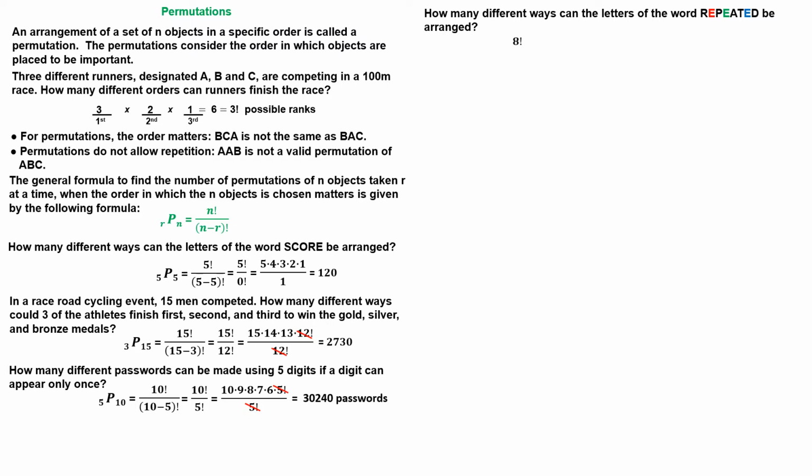However, the three letters E are indistinguishable, and there are 3 factorial indistinguishable ways of arranging them. So we need to divide the number of possible permutations of all the letters by 3 factorial. The number of distinguishable ways of arranging the letters of the word REPEATED is 8 factorial divided by 3 factorial.